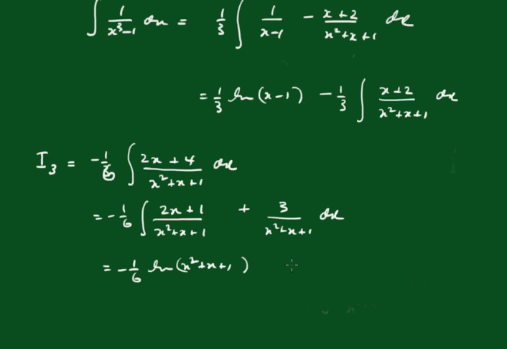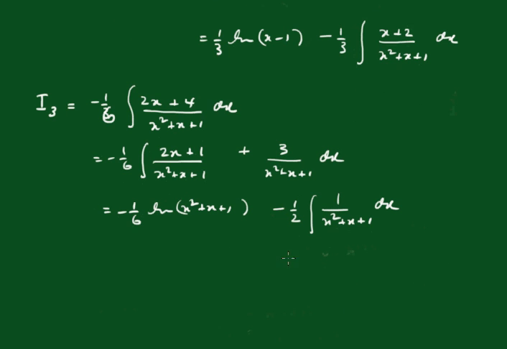Now this one will be, taking the 3 out, minus 1/2 the integral of 1 over (x squared plus x plus 1) dx. And of course this equals minus 1/2 the integral of 1 over ((x plus 1/2) all squared, complete the square, plus 3/4), and 3/4 is (root 3 on 2) squared. And you see that's the inverse tan.